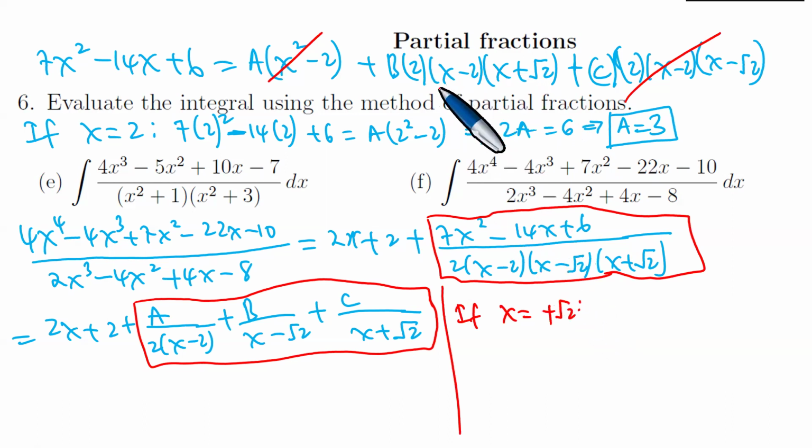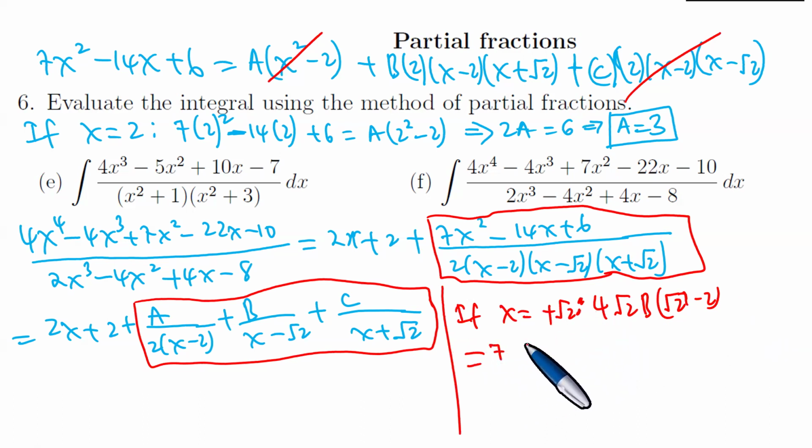So it's going to be 4 square root of 2 B, so that we have 7 times the square root of 2 squared, which becomes 2, minus 14 square root of 2 plus 6.